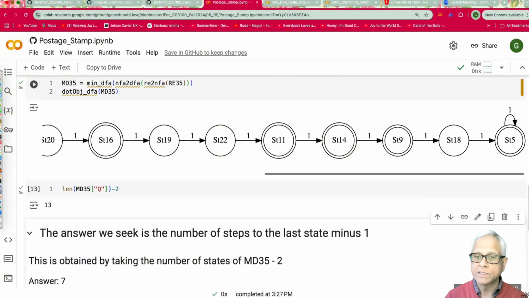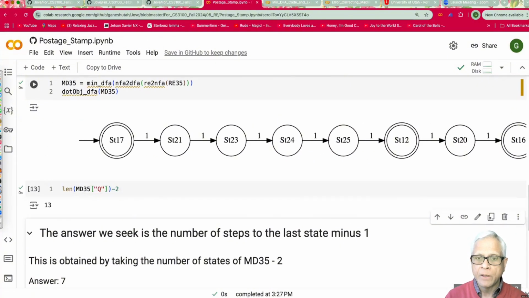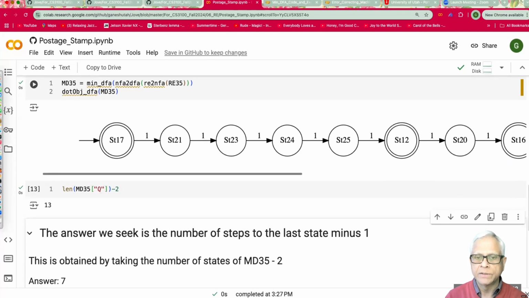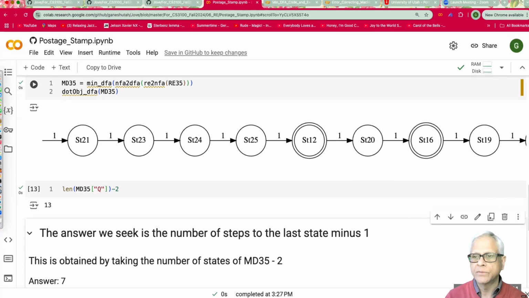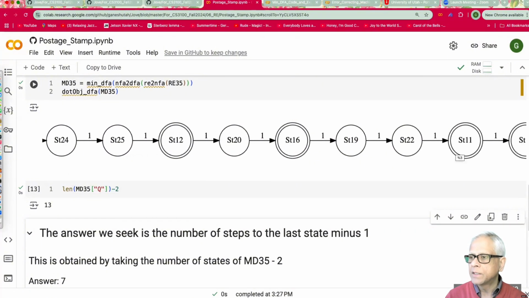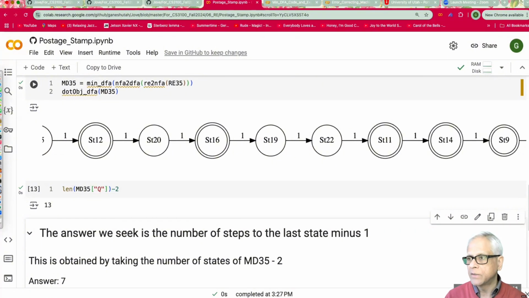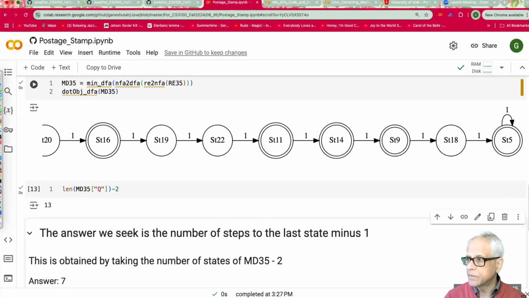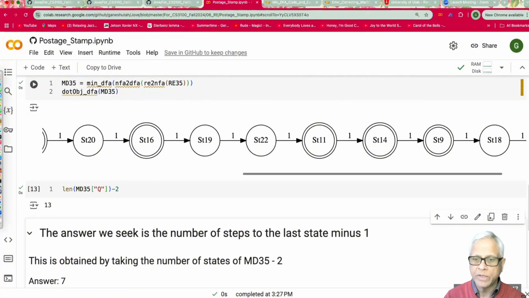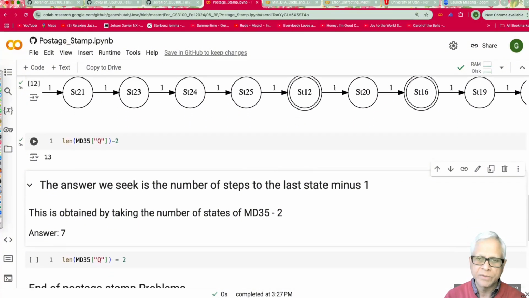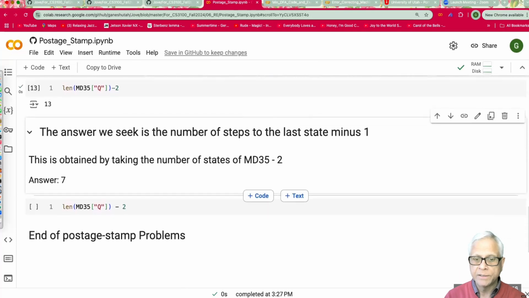So 13 is the largest you cannot make. 1, 2, 3, 4, 5, 6, 7 can be made, 8, 9, 10 can be made because of the 2 5s, 11 can be made, 12 can be made because of the 3s, 13 cannot be made, and 14 on can be made. So this is a quick way to arrive at the largest postage stamp that cannot be made for any number of relatively prime stamps.